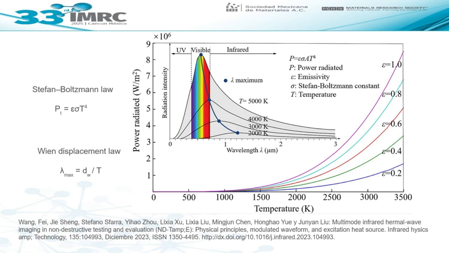For those phenomena that occur close to ambient temperature, like 300 Kelvin, the maximum emission wavelength is around 2 to 17 micrometers. This is the infrared part of the electromagnetic spectrum.